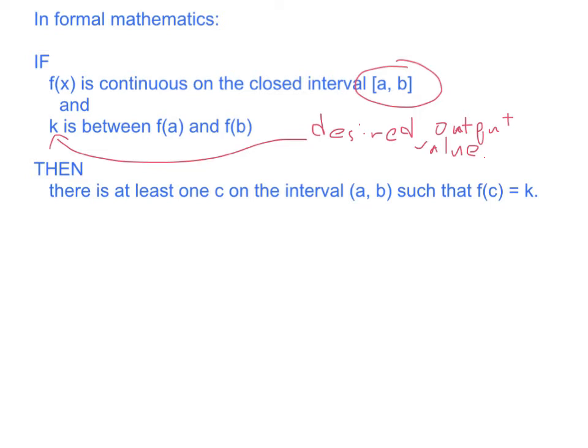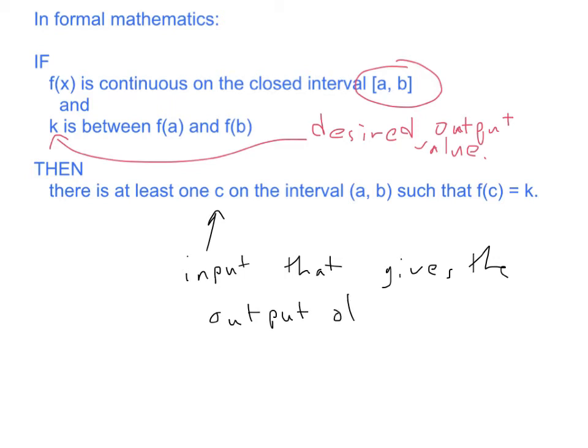So if those 2 things are true, then the conclusion, there is at least one c on the interval from a to b. By the way, this is now an open interval. It does not include a and b. There's at least one c such that f of c equals k. Now again, what does that mean? Right? C is basically the input that gives the output of k, right?